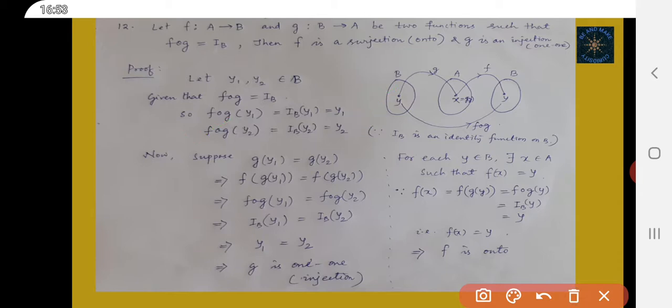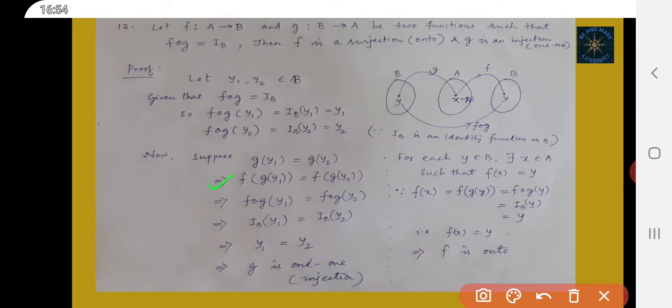Now we have to prove g is 1-1 and f is onto. So first we prove g is 1-1. Here, if we show g of y1 is equal to g of y2 implies y1 equal to y2, then we can say g is 1-1.